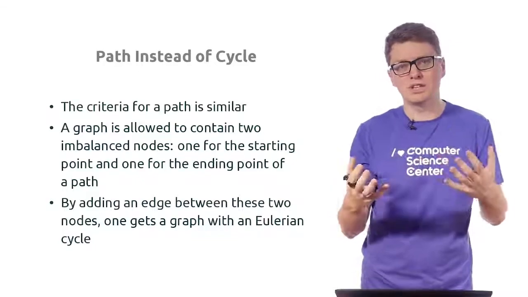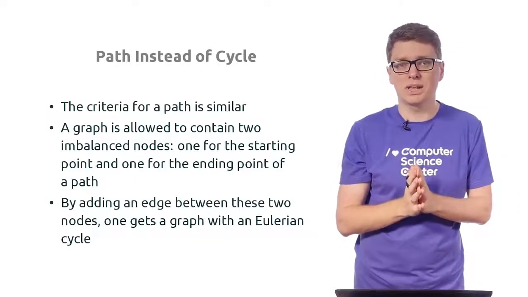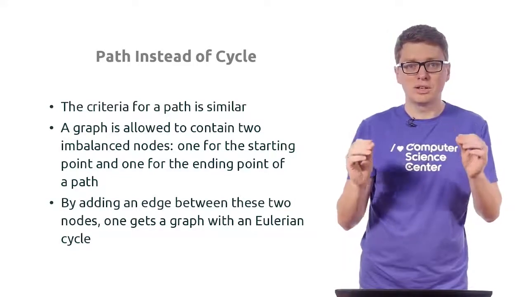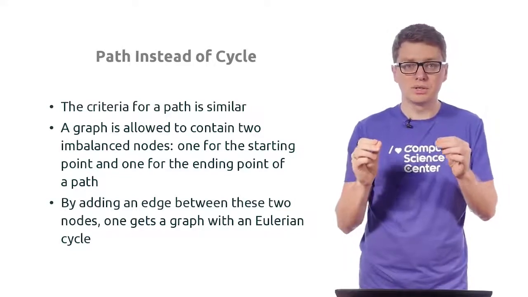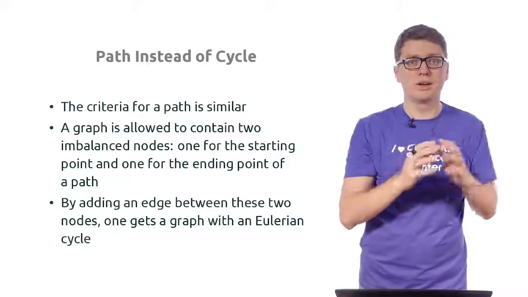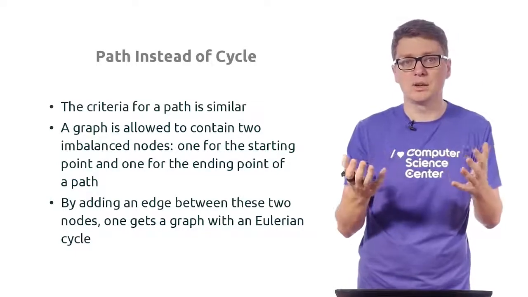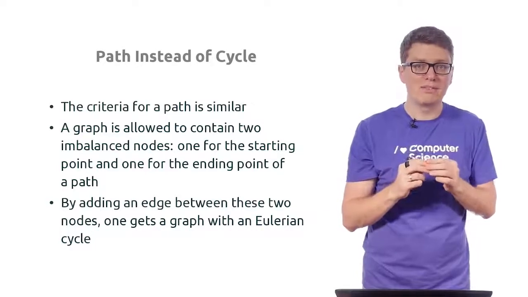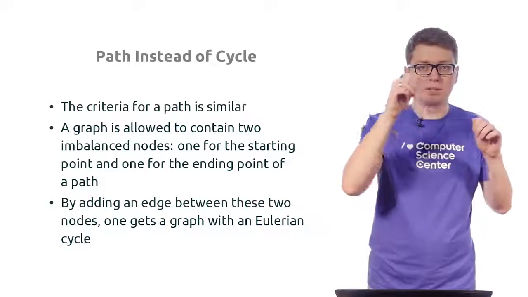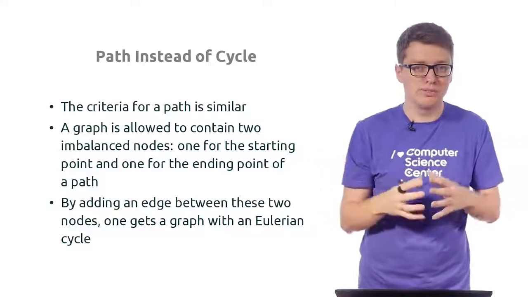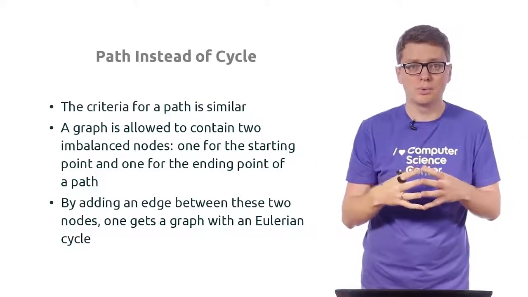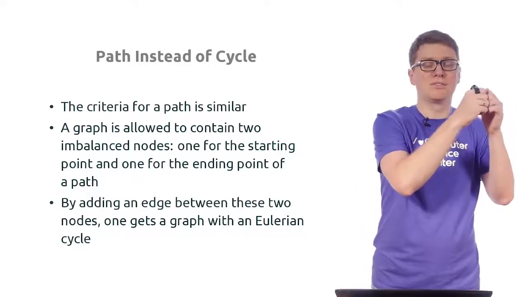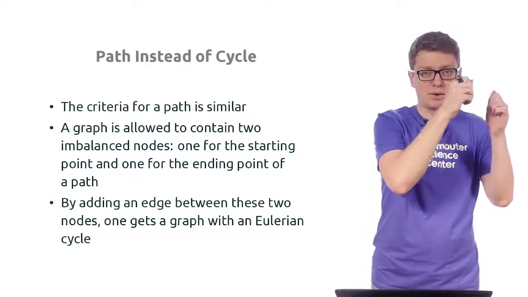Okay, now the remaining question is what happens with paths instead of cycles. It is actually not so difficult to reduce this criteria to the criteria of the existence of Eulerian cycles. First of all, if we are looking for a path in our graph, then of course not every vertex, not every node in our graph should be balanced, because for the path we have one outgoing edge.